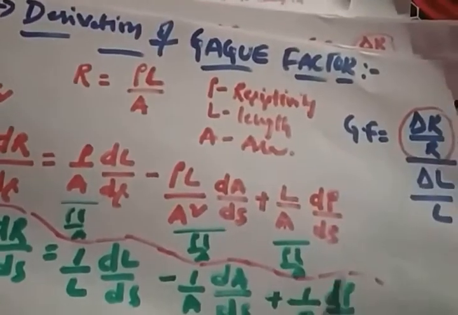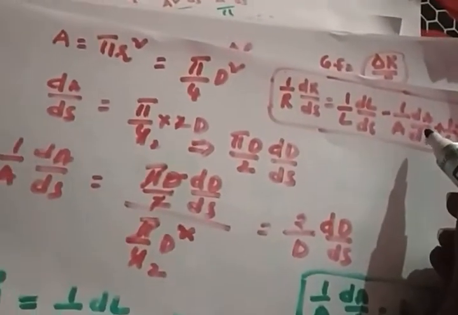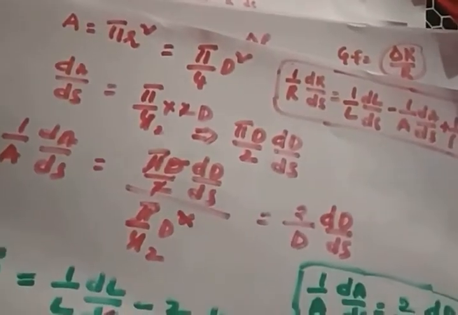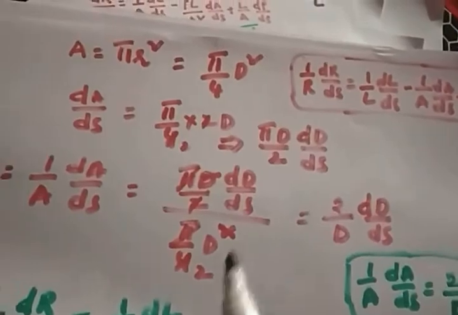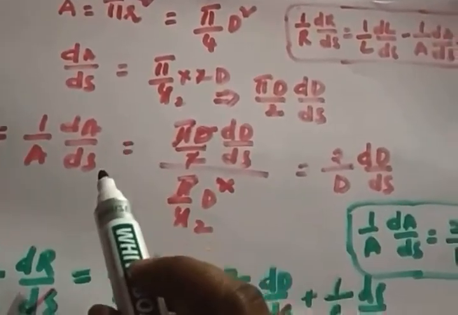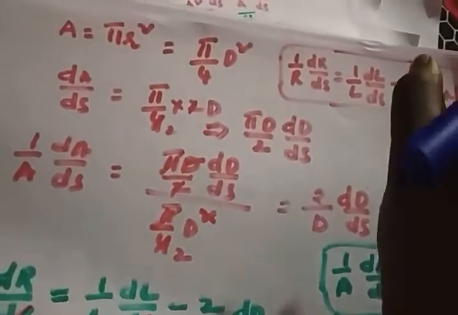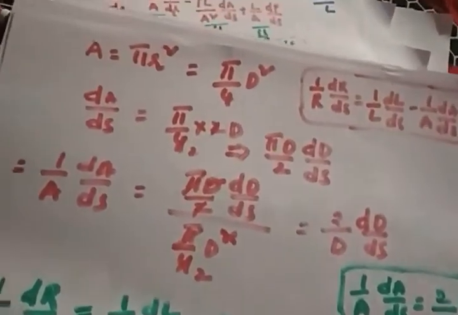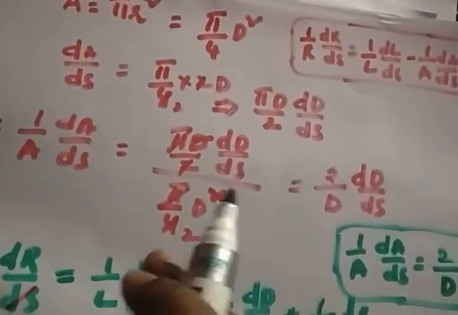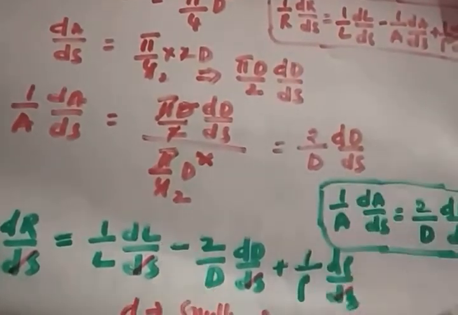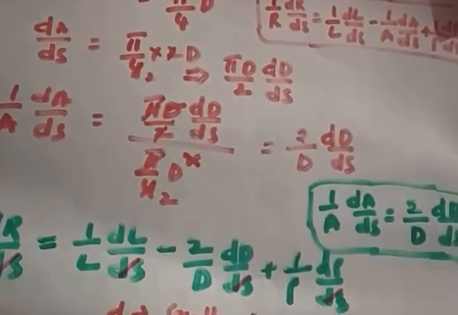After that, 1 by R. After that, in terms of A, I have to calculate in terms of D for a Poisson's ratio. So for this, 1 by A dA by dS gives 2 by D dD by dS. Then substitute here, and then the whole total term is divided by delta L by L, that is called strain. So then I divided the value by delta L by L.